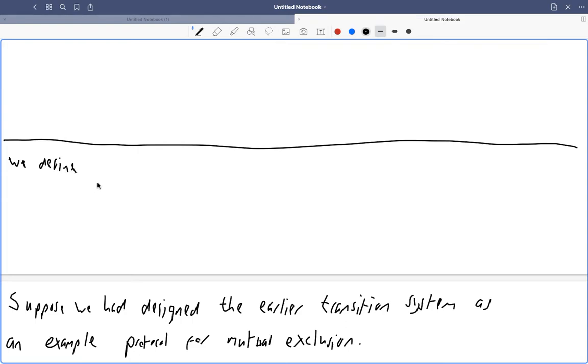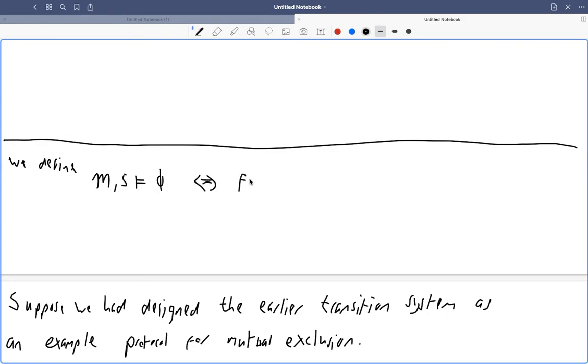so we define what it means for a formula to be satisfied by a given state in a model.